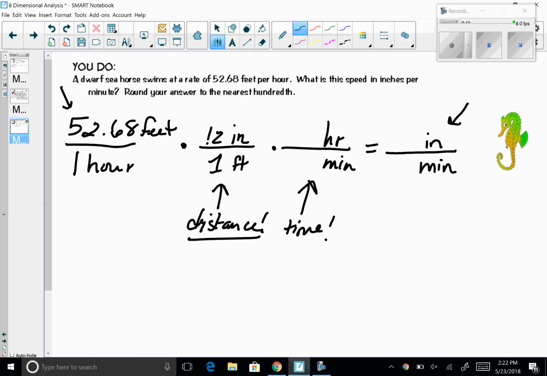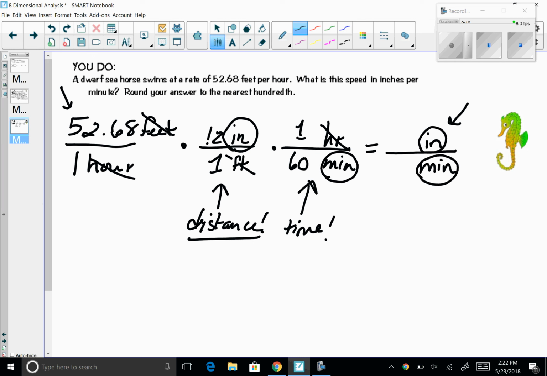And I will be left over with minutes in the numerator. I'm sorry, in the denominator. So I know that there are 60 minutes in 1 hour. So now it looks like I have feet canceling with feet. I have hours canceling with hours. My inches are on top and my minutes are on the bottom.